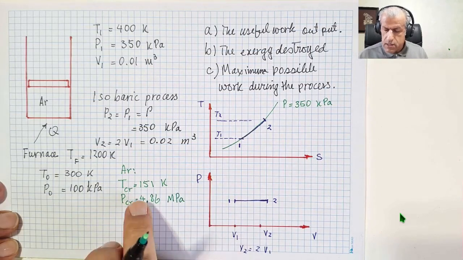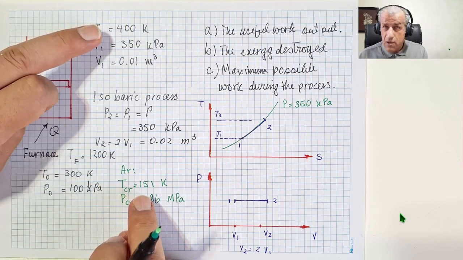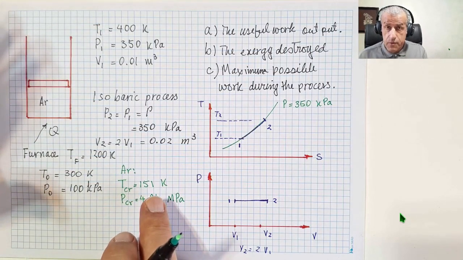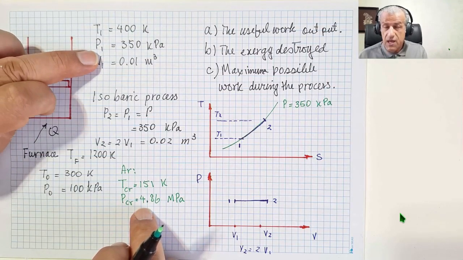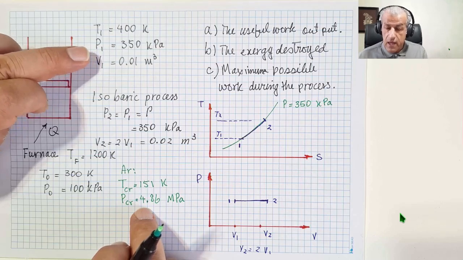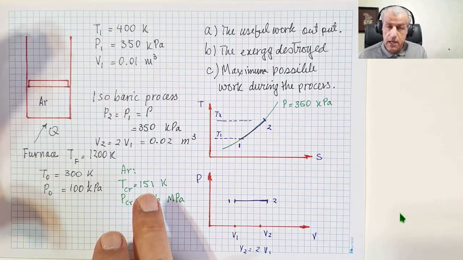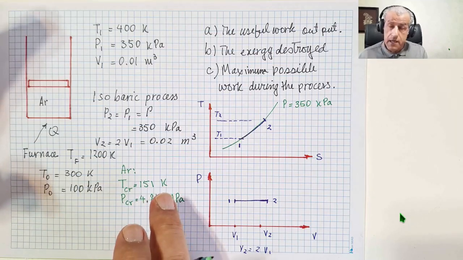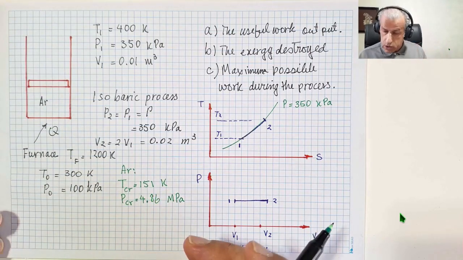T critical is 151, and our temperature is 400 Kelvin, so we are 3 times the critical temperature. As for critical pressure, this is 4 megapascals, and this is 350 kilopascals, in a scale of about 1 to 10. This means that the pressure is far lower than the critical pressure. Temperature is higher than critical temperature, so a perfect gas assumption would be good.